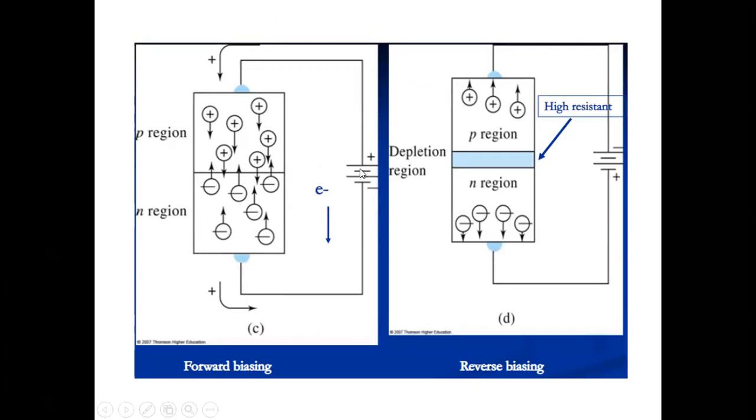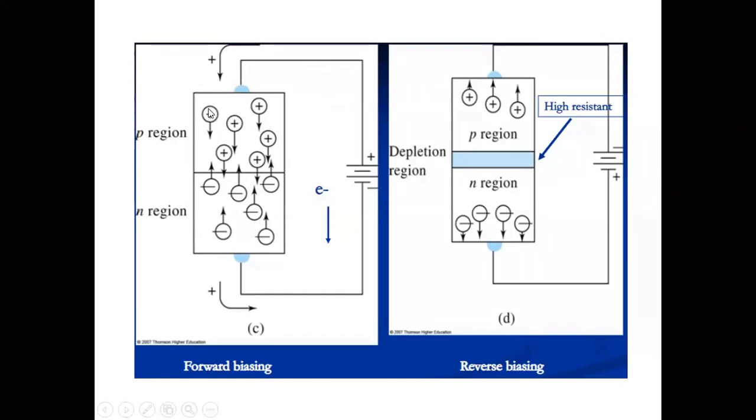When we apply the external voltage like this, the electrons move from here to here and holes will move from this direction. Positive charge will go towards the negative charge. That's how to simply understand it. Positive charge moves towards the negative charge, and negative charge moves towards the positive charge, right?